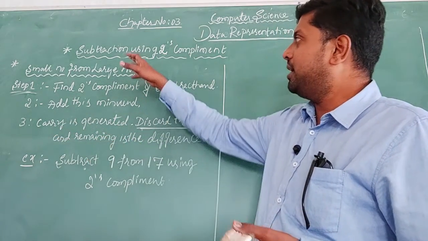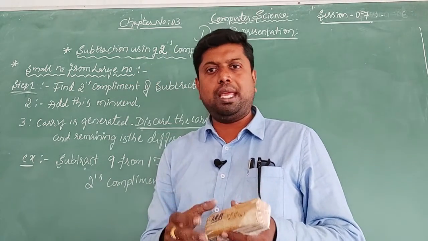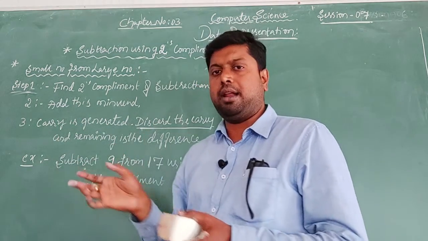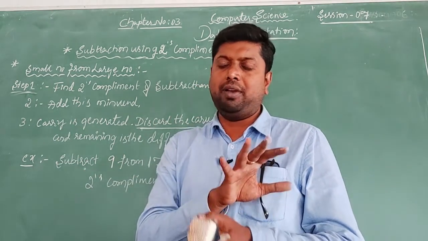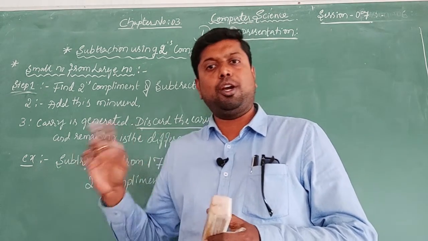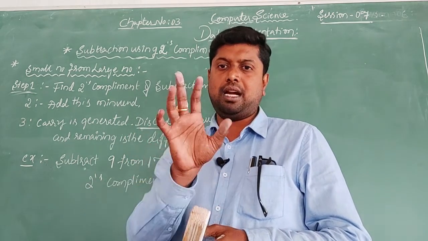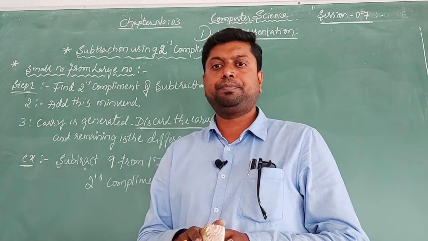If we are subtracting a small number from a large number, usually we will get a carry. But in this case the carry will generate, but we are discarding that. We will not consider the end around carry and we will not add it to the LSB, we just ignore it. Then whatever the difference is there, that should be the exact difference for the 2's complement result.